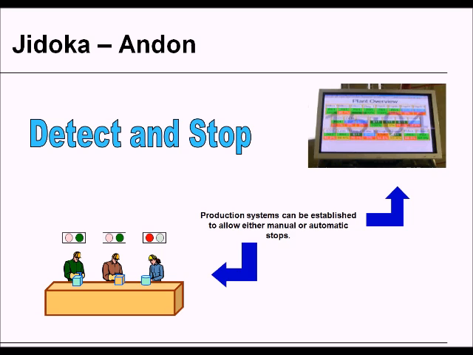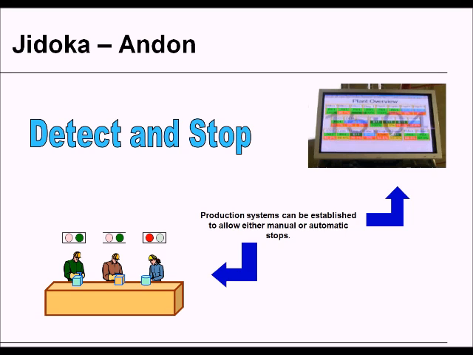Andon is a type of automation. You want to detect and stop. A lot of times, I know in our discussion panel, inspection comes up. Really, inspection is only 80% accurate.